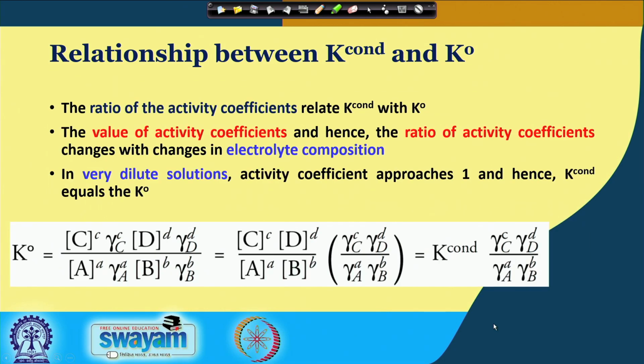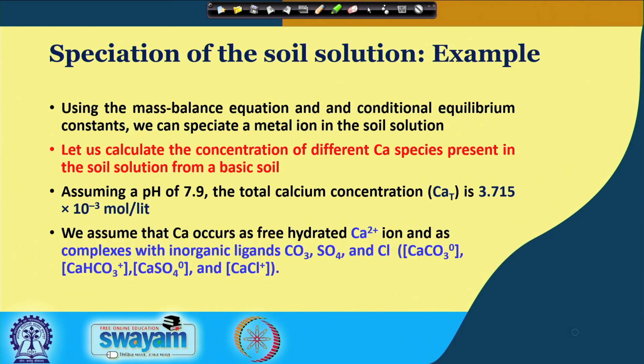From there we saw that when you multiply the conditional stability constant with the ionic activity coefficient ratio, we get the thermodynamic equilibrium constant.